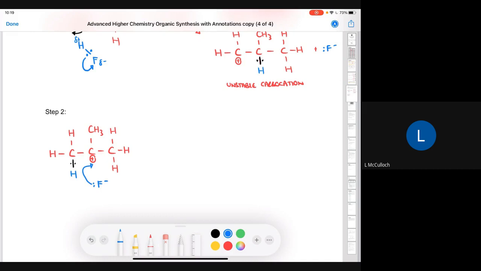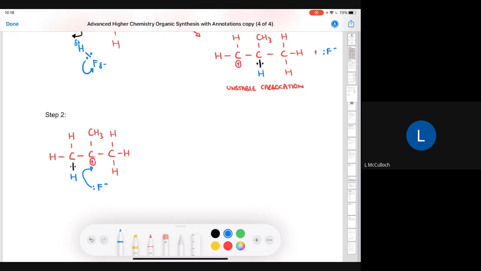Now, if we have a look up here, you can see that in this one, I have pointed the electrons directly to the fluorine, and that's because the electrons both went onto the fluorine atom. Whereas what we've got here is the electrons are going to form a new bond between the carbon and the fluorine. So it takes a bit of getting used to.